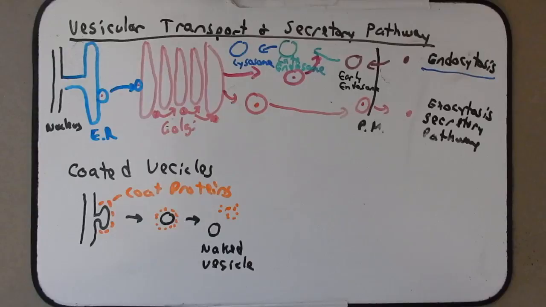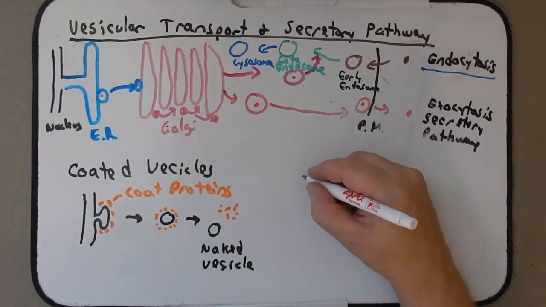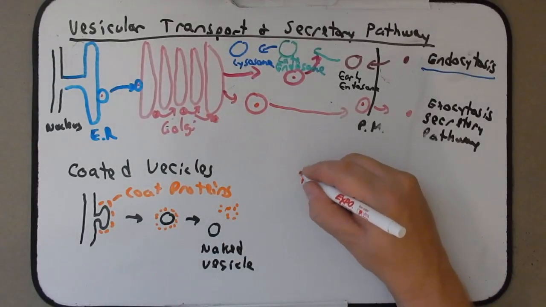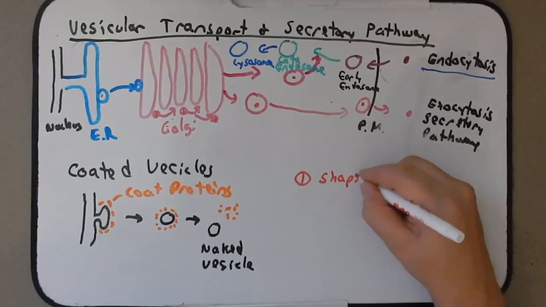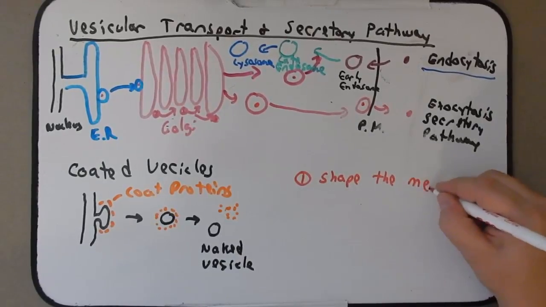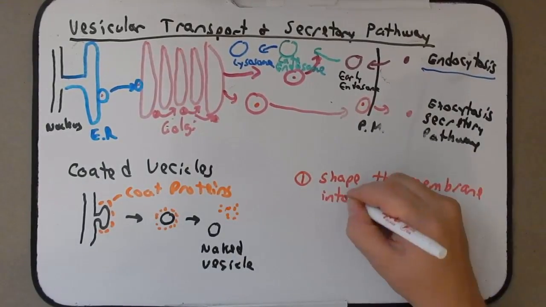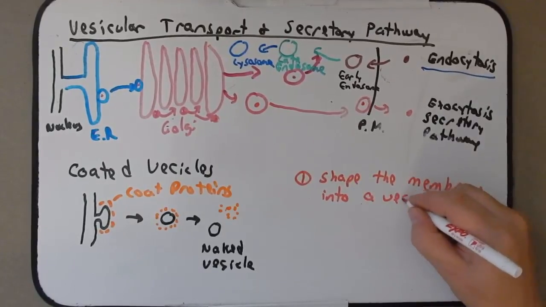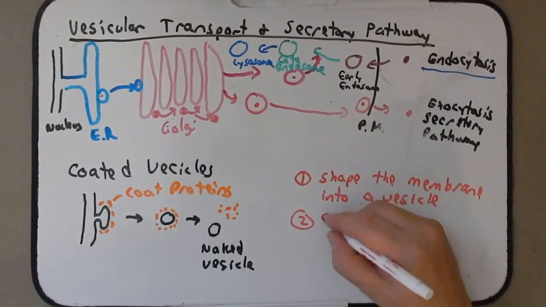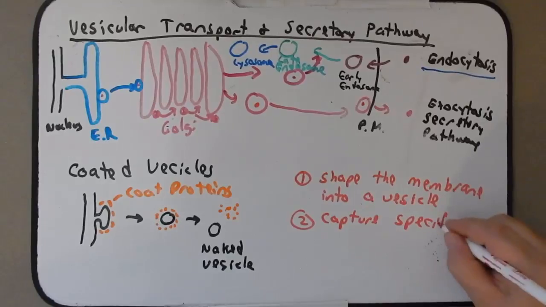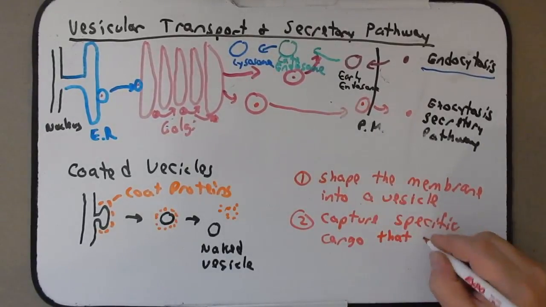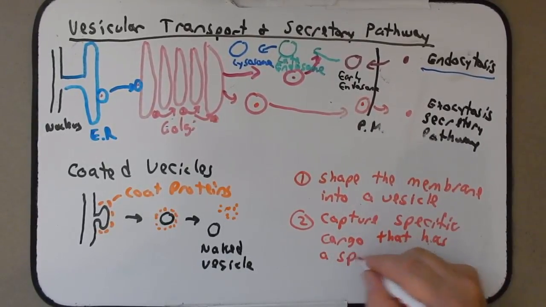So coat proteins, or coated vesicles, have two main functions. First, they help shape the membrane into a vesicle. Second, they capture specific cargo that has a specific destination.